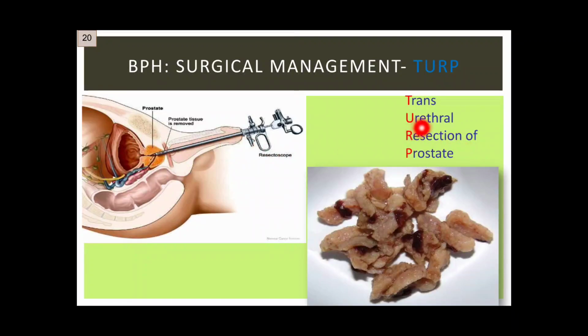This is called transurethral resection of prostate, and these types of chips are obtained after this procedure. After that, since we are going through the prostatic urethra, after a few days this area will reepithelialize. Again, the prostatic urethra will undergo epithelialization.